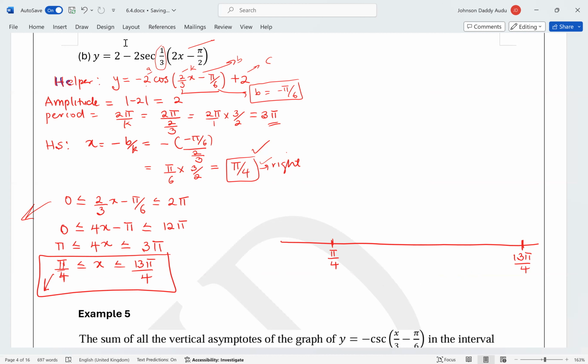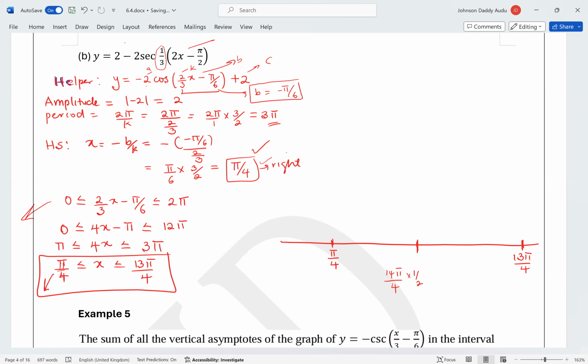Now, how do you divide this into 4? One way to do it is just find the midpoint. You add these two and divide by what? Divide by 2. So if you add 13 pi and what? And pi, you will get 14 pi over what? Over 4. You divide by 2. If you divide by 2, it is the same thing as multiplying by half, right?